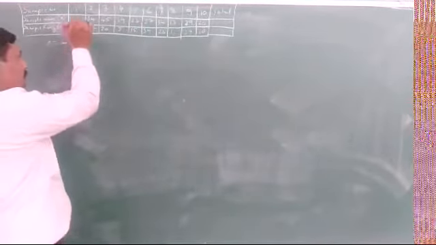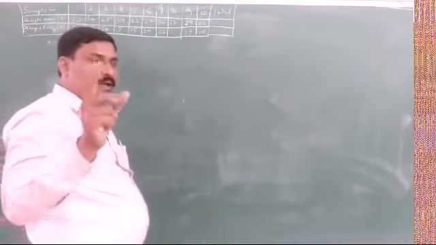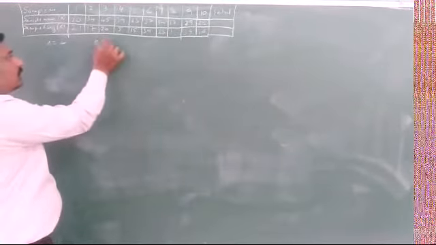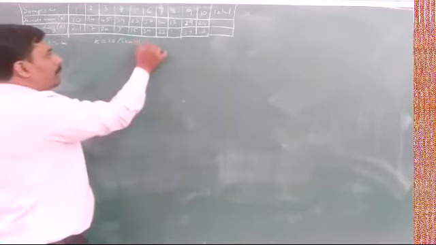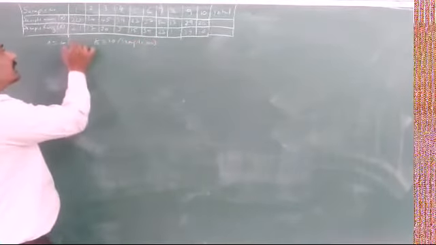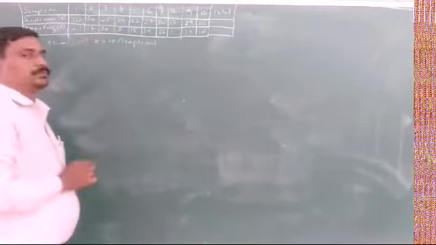That is, n is equal to 4, the sample size. In each sample, 4 items are taken and measured. K is equal to 10, such 10 samples are taken.